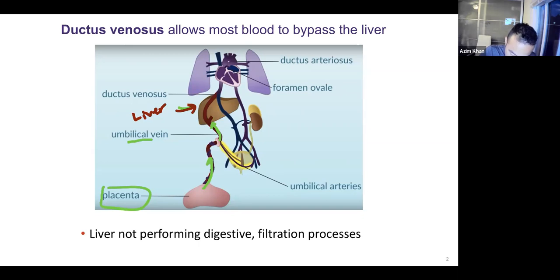Which I'm going to color in pink. This bypass of the liver is called the ductus venosus. It's a duct. It's really a blood vessel, but it has the word ductus in there. And then venosus is because we're going from one vein to another. We're going from the umbilical vein to the inferior vena cava.